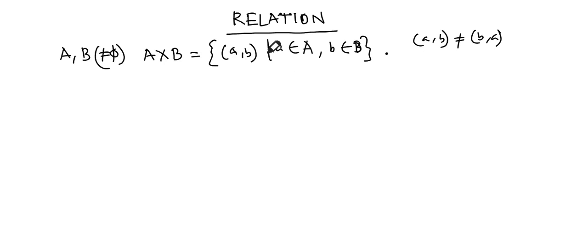Now let us come to relation. First, before giving a formal definition of relation, we take an example. Suppose A is a set {a, b, c} and B is a set.